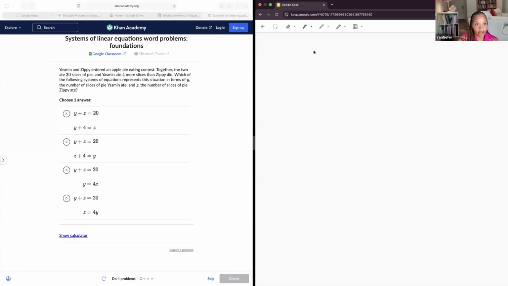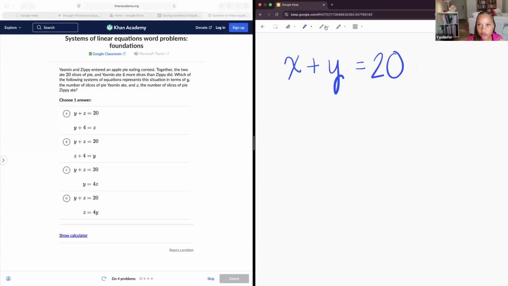It says together they ate 20 slices of pie. So that means if I take the number Yasmin ate, which we don't know yet, and add it to the number Zippy ate that we don't know yet, the total is going to be 20. So that is one equation. That's one piece of information that we can use.